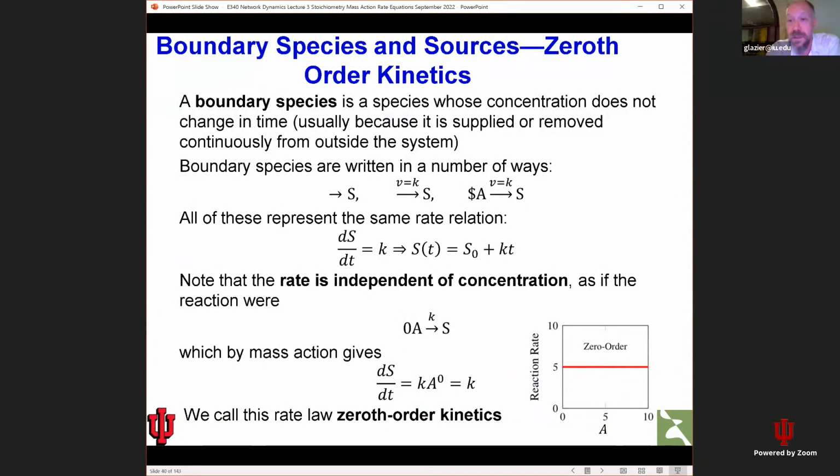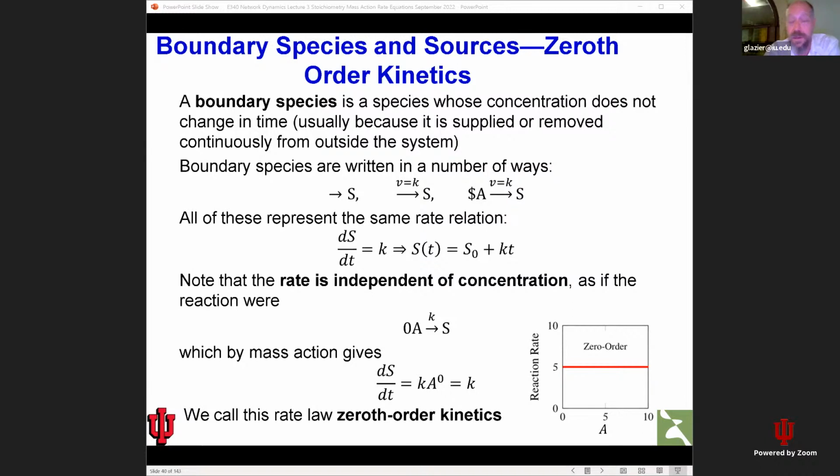Something that we have to do on the other end is when we're going to create something. Typically the rate can only depend on the things on the left-hand side of our arrow, although there are possibilities that the product could in fact interfere with the reaction. That would be something additional on our basic structure.